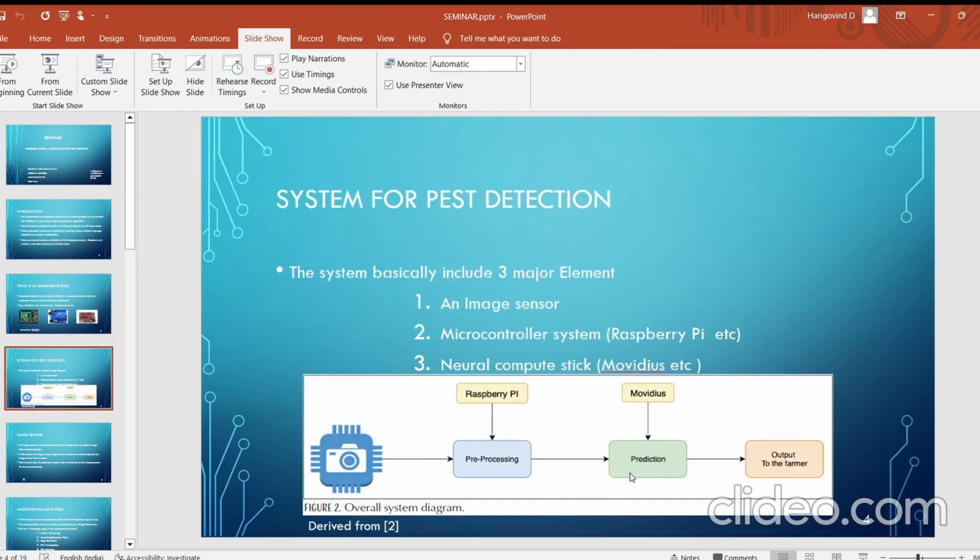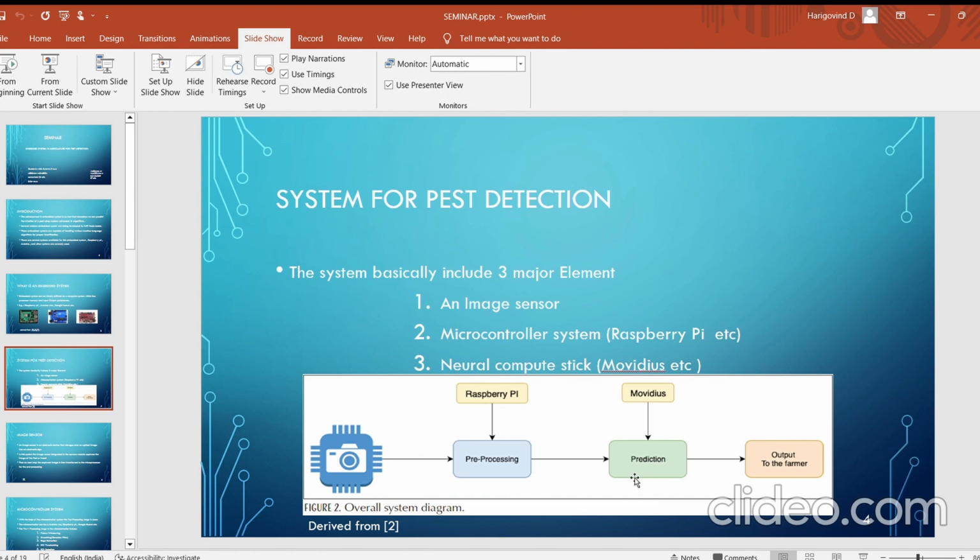Basically, what we need is a system that can be integrated at such a low cost that it can be afforded by most farmers or anyone. The system needs to be affordable, because only if it's affordable can we use it daily.